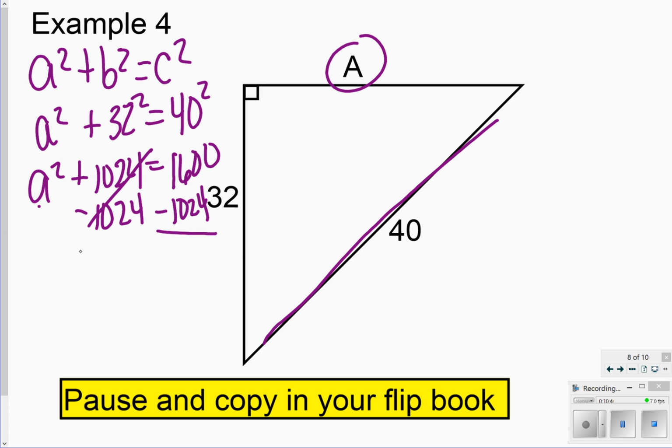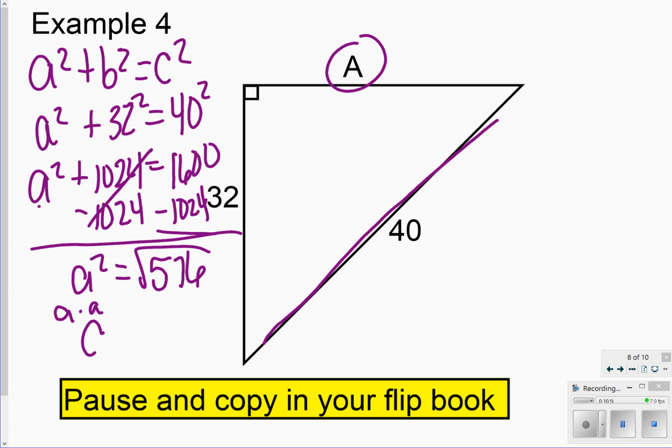When we do that, we find that 576 is a squared. To solve for a, because it's a times a, we need to do the square root of 576. What we find is that the length of the missing side is actually 24. Go ahead and do this in your flipbook.